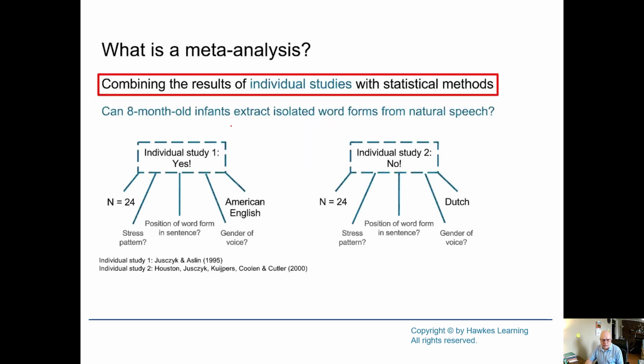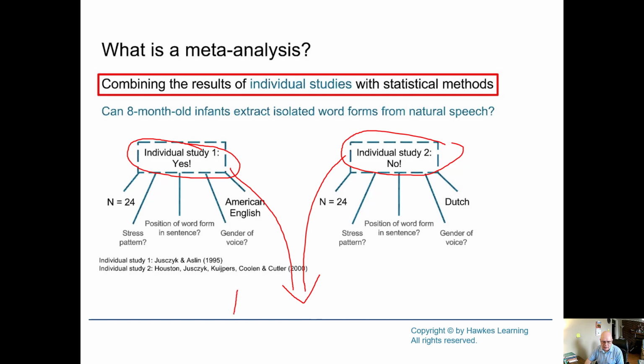Here's a graphic for you. This is a meta-analysis because we're combining the results of individual studies. Here's study number 1, here's study number 2. We're going to take those and put them together into our meta-analysis.